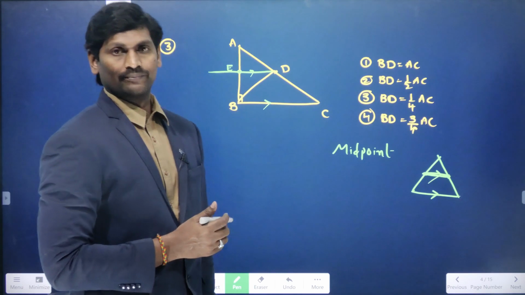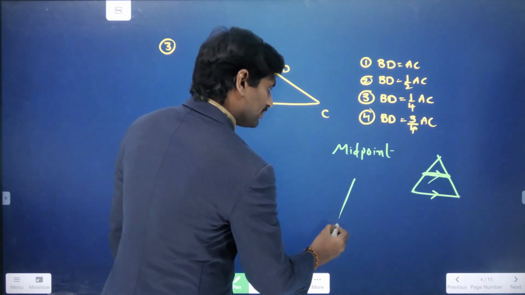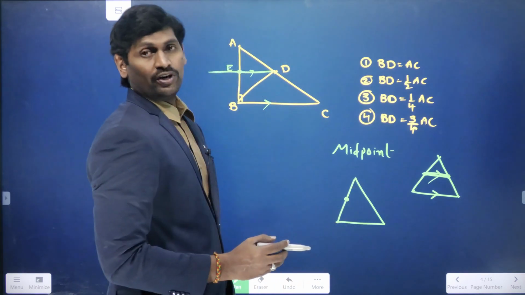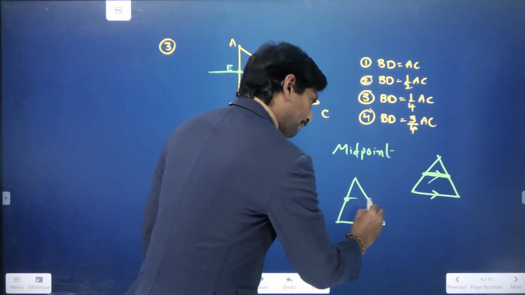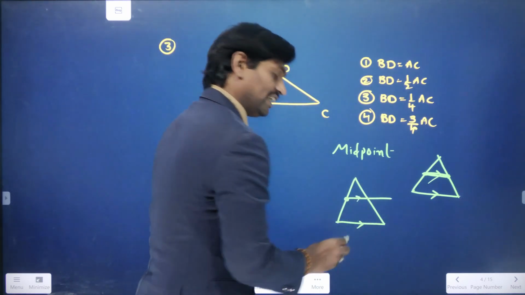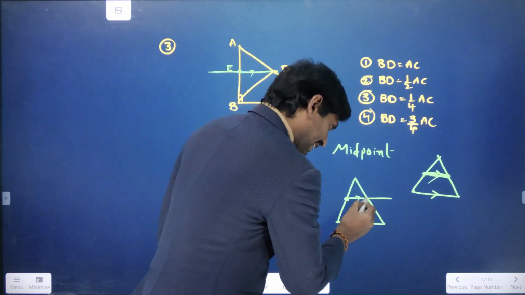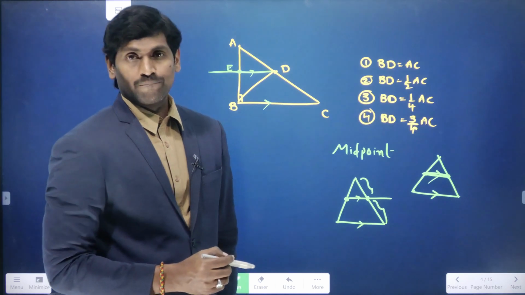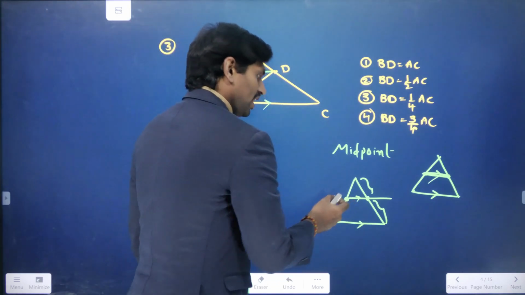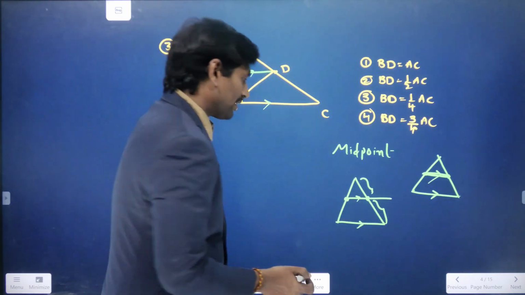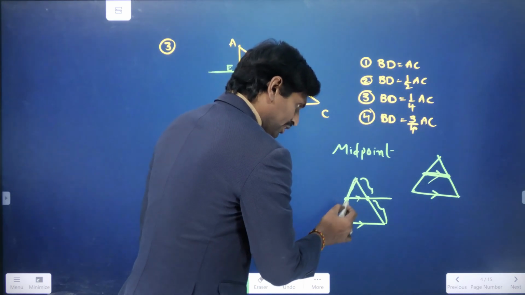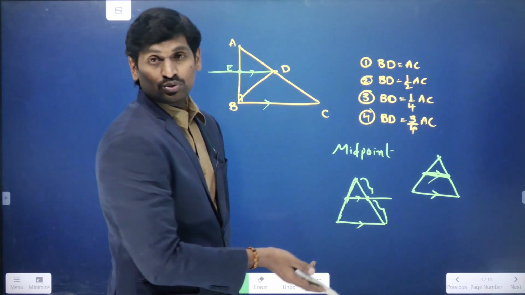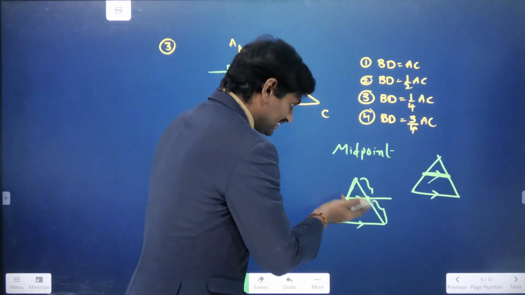And what is the converse of the midpoint theorem? If from the midpoint of one side you draw a line parallel to the second side, it bisects the third side.